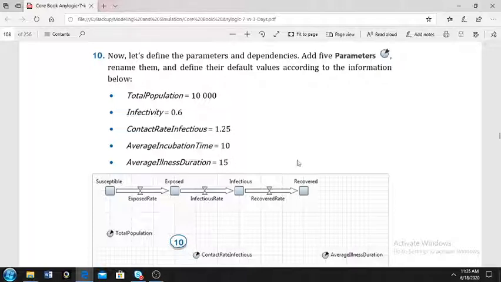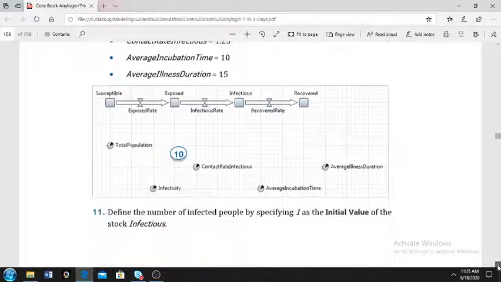I mean, it's a 15-day illness duration, the maximum time that you can have the virus active in you. So now, these are parameters, these are auxiliaries, and these are stocks and flows. These are stock and flow, and all these are auxiliaries. You see the auxiliaries.